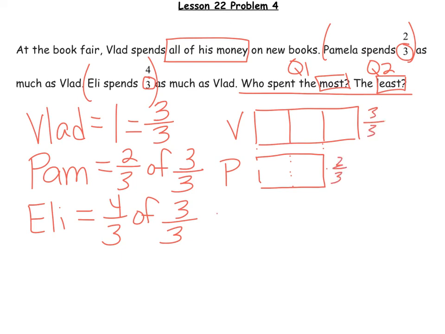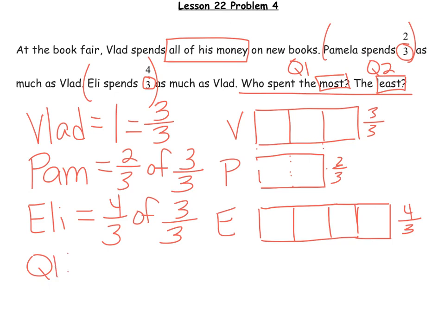All right, so now we have Eli. So he's 4/3 of 3/3. So I need my thirds. There's 3/3, but he's 4/3, so I need to add one more. So who spent the most? So question 1, Eli definitely.